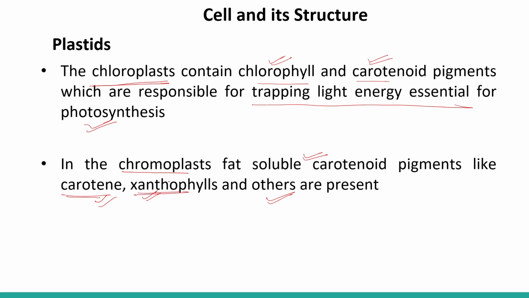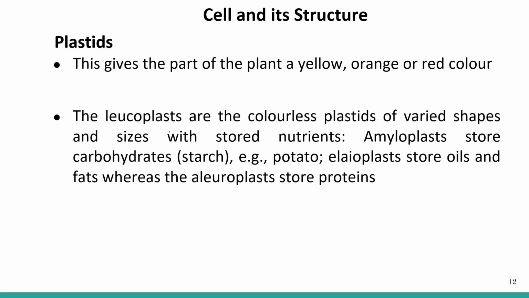These pigments provide color to the flower, like red, yellow, orange, white, right? So these flowers of colors different from green are because of the chromoplast. They give parts of the plant a yellow, orange, and red color, right?